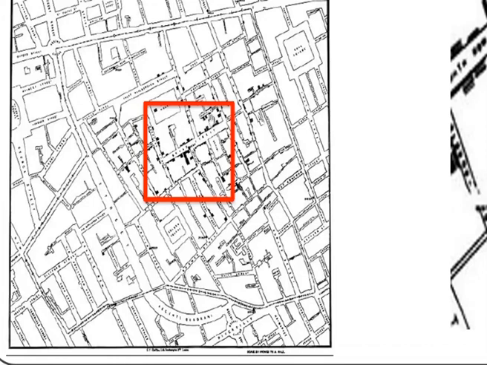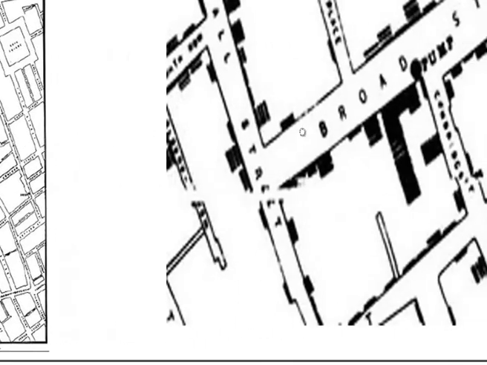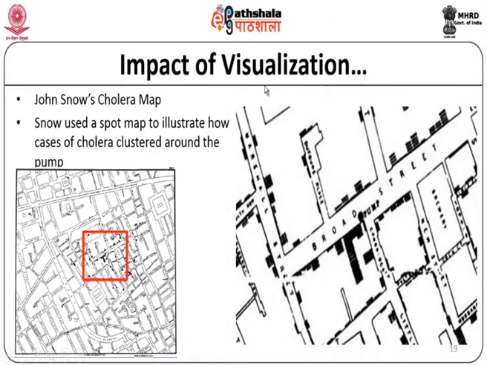This smaller region indicated by the red shade is what is expanded and shown here. So, here you can find stacks indicating the number of people who died because of cholera, and from this diagram they finally understood that the casualties were more in number near a pump in Broad Street.